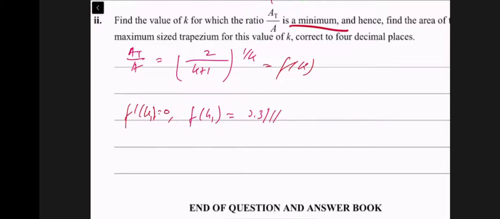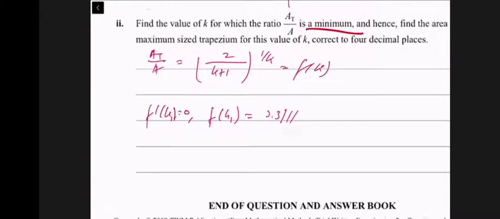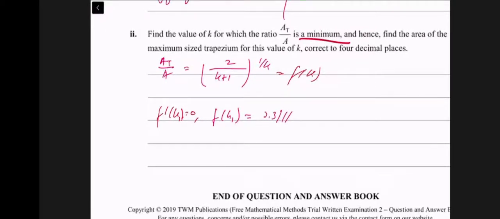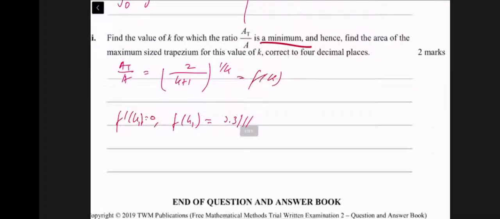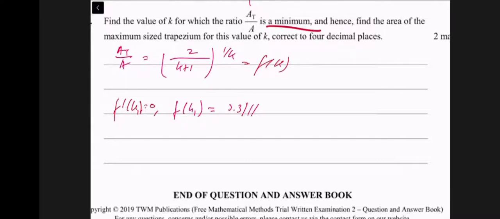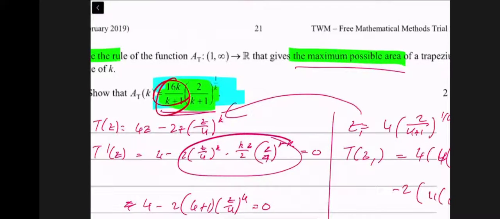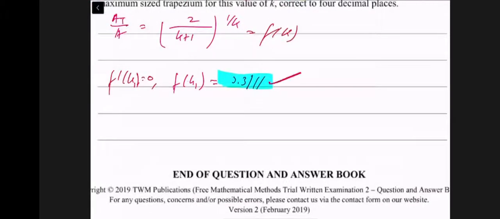And then it says hence find the area of the maximum size trapezium for this value of k. Even if you didn't understand why it was saying that, since it's saying hence, you can safely assume that for this k value, that's where you get the maximum of the area. It's asking you to find the maximum value of this. This is a function of k, and you found a k value here.